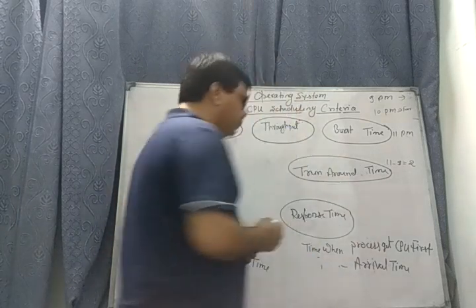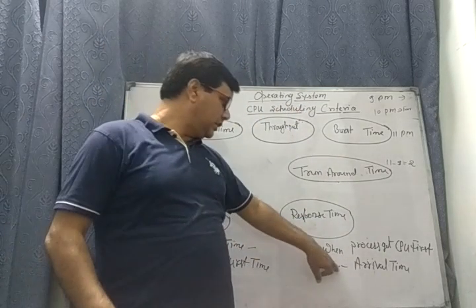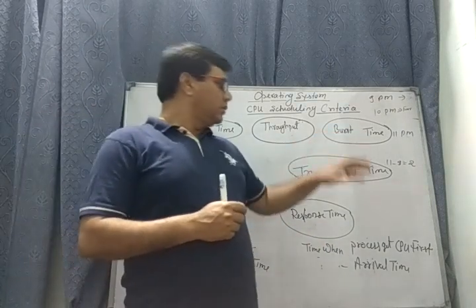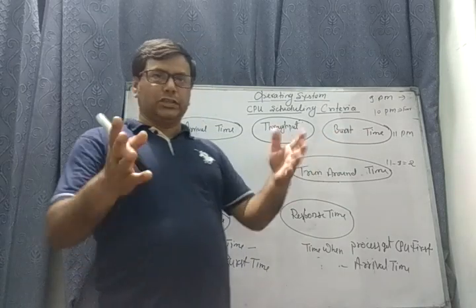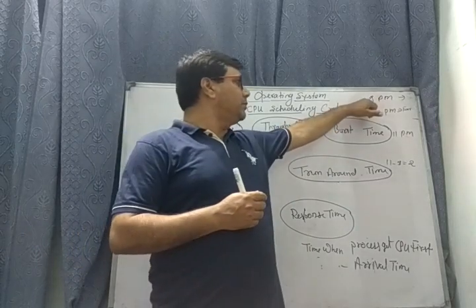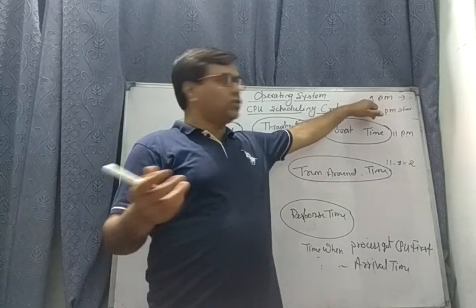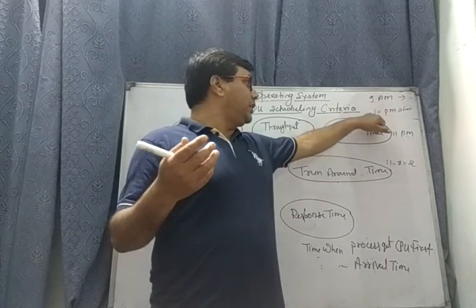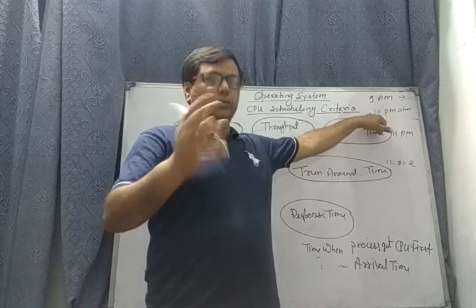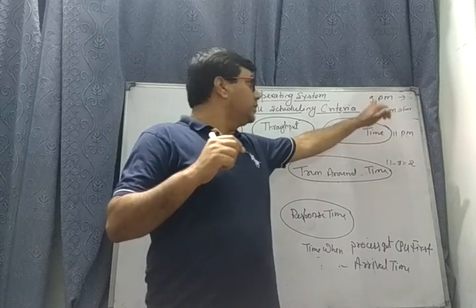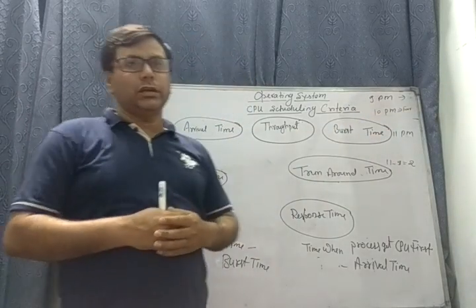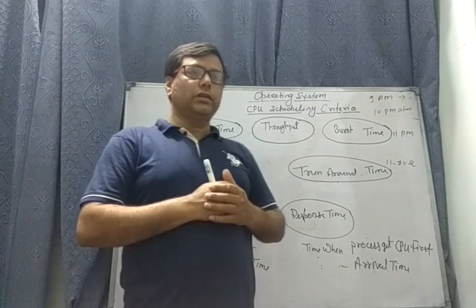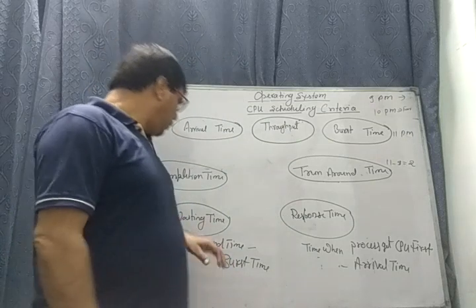If you relate it to the restaurant, at 9 p.m. you reached the restaurant, you waited for food, and at 10 p.m. food was at your table. Then 10 minus 9 is known as the response time, the time when you first got the food.